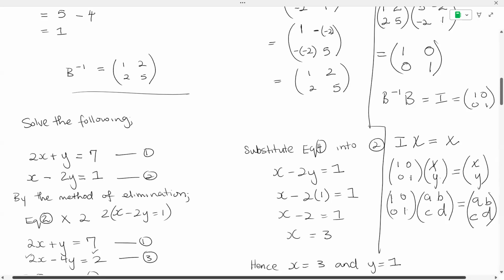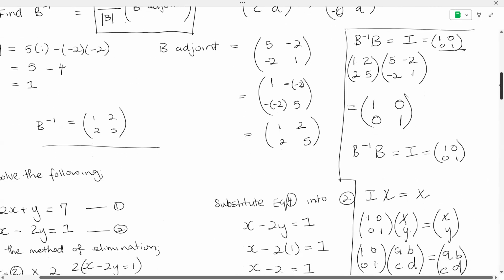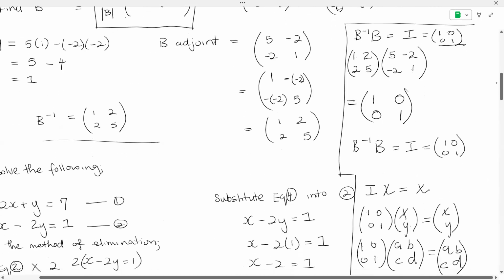So pay attention to this because you need to remember this. You need to remember that B inverse by B, well, any inverse matrix by its matrix will give me the multiplicative identity, will give me 1, 0, 0, 1 when I multiply it out. Any identity matrix multiplying by a matrix will give you back the matrix itself. So this is what we need to understand for matrix multiplication.